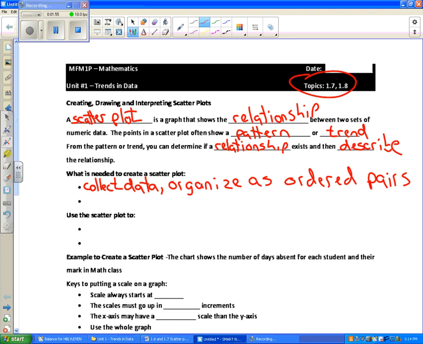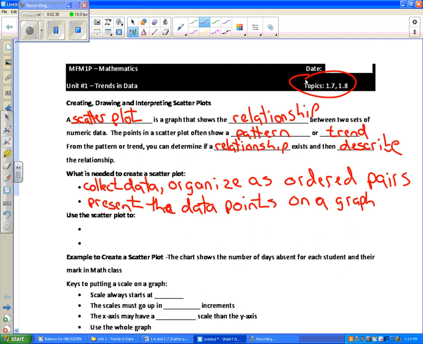After that, we want to present the data points on a graph that's labeled. And we'll look at that later on too as we go through the example with the ordered pairs and also with the points on the graph.